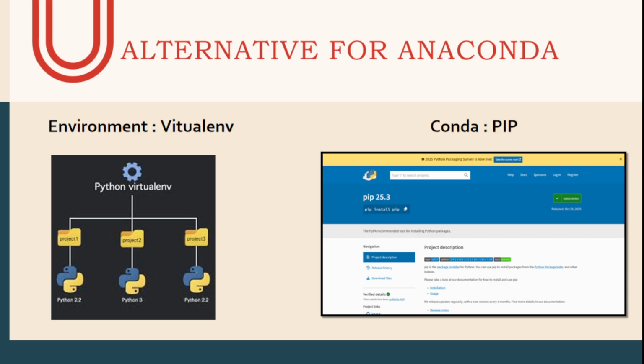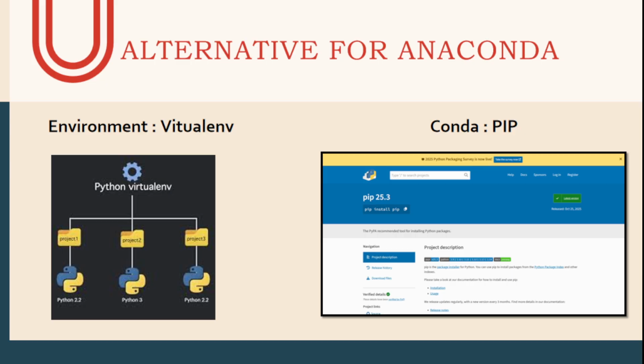Alternatives for Anaconda. Every tool will have an alternative, hence Anaconda also does. When we spoke about the environment in Anaconda, where it provides isolated spaces, similarly, an alternative for environment in Anaconda, if you do not want it, is virtualenv. Virtualenv behaves in a similar way to how environment in Anaconda behaves, providing an isolated space for different projects with different versions and dependencies.